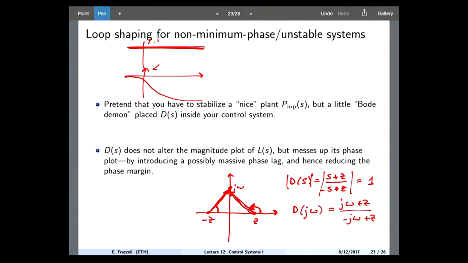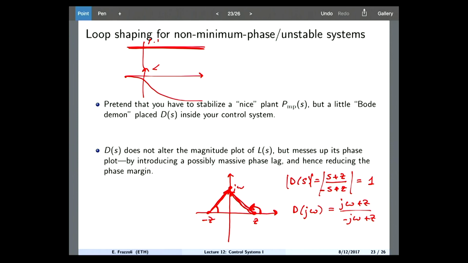So one way of thinking of this is, now let's pretend that I'm just trying to stabilize a nice plant that is given by the minimum phase transfer function, okay? And the Bode plot, the magnitude Bode plot will look the same, okay? Because the magnitude Bode plot of D is just 1, right, 0 dB.